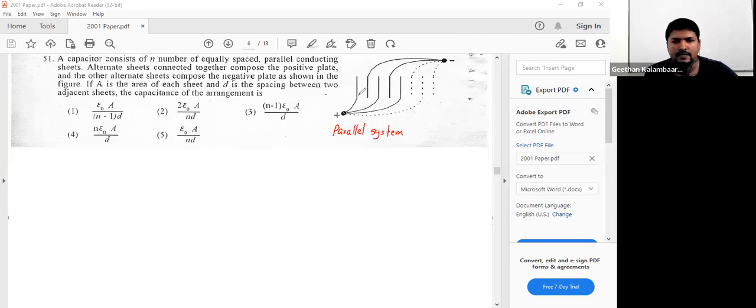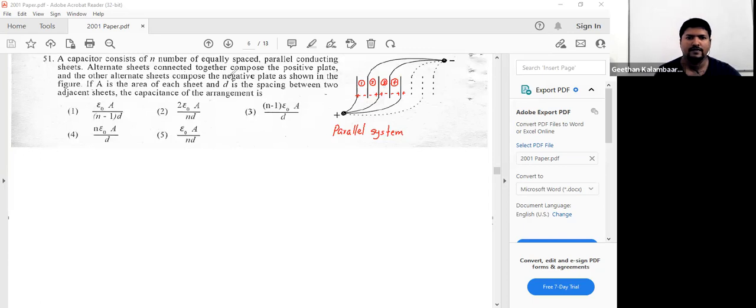So let's find out how many capacitors we have. When you have two plates, you have one capacitor. When you have three plates, you have two capacitors. When you have four plates, you have three capacitors. When you have five plates, you have four capacitors.